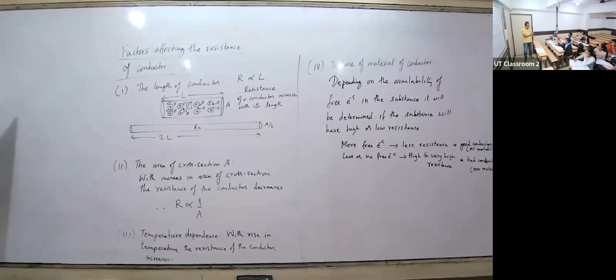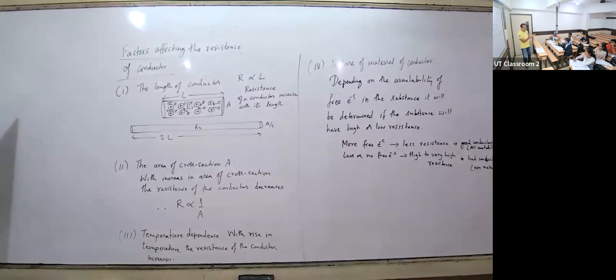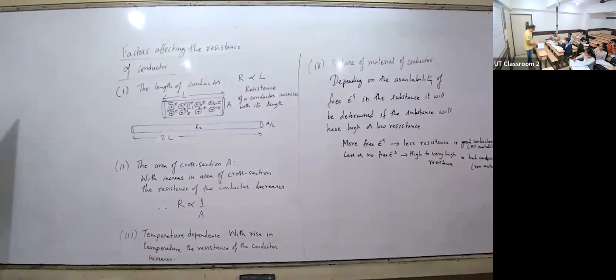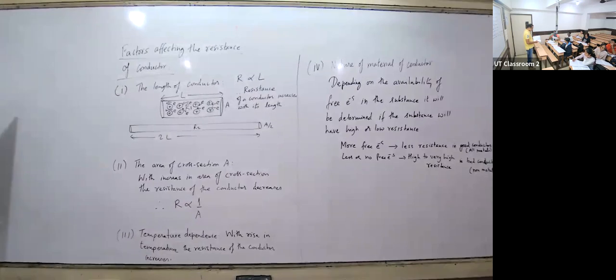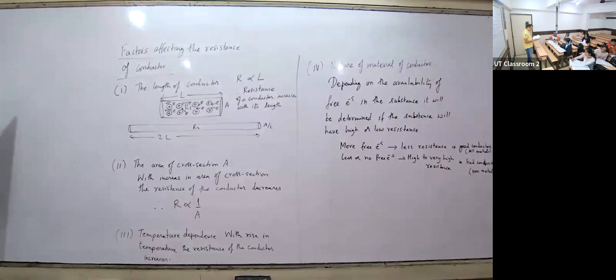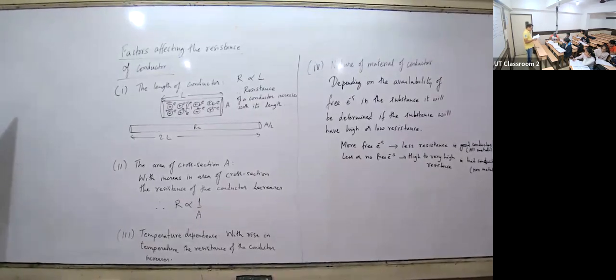Copper is a better conductor than iron, but silver is even better than copper. But we don't use silver because it is much costlier. Do we have a table of conductors? You will learn it in 10th standard. So the material of the wire, I have written 4. In your book it is given first, right? The nature of material of conductor.